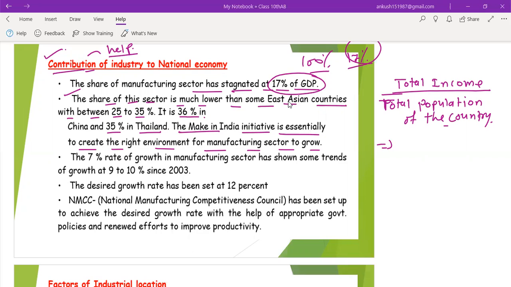But let us go with that only. If we talk about the Make in India initiative, it was only to generate employment in our country and to bring the products of our own country into the market.